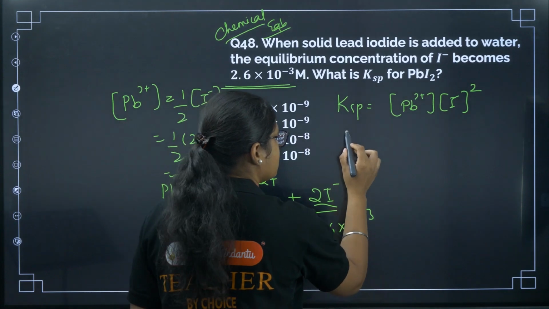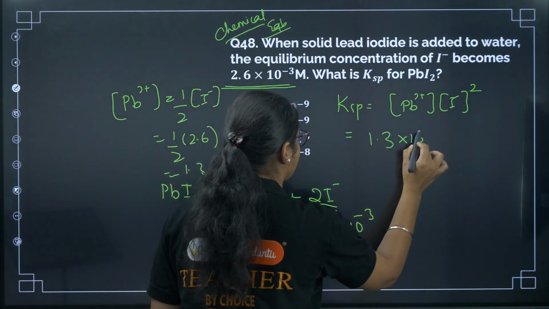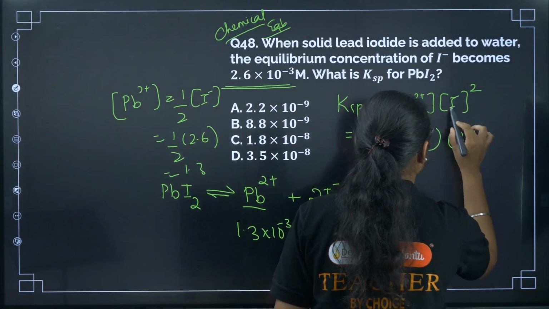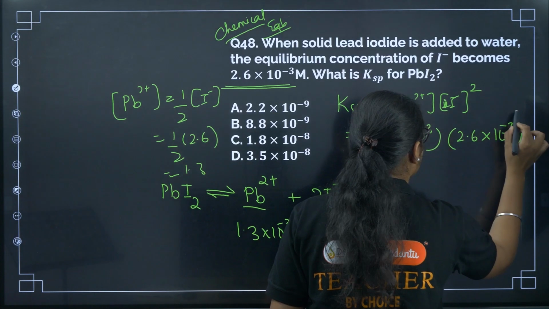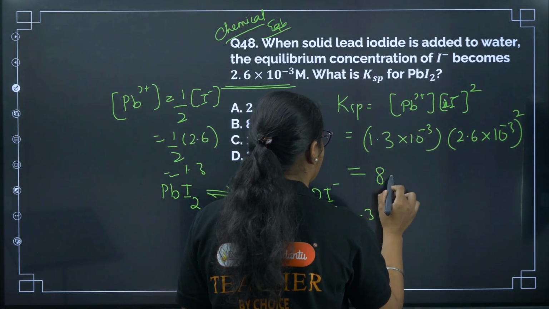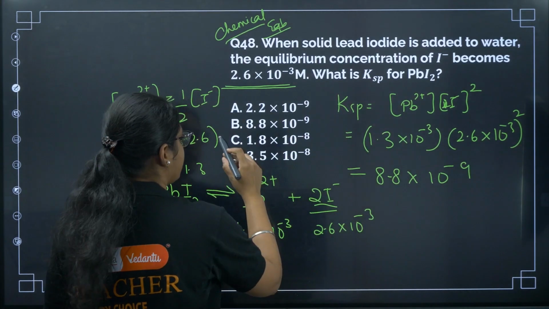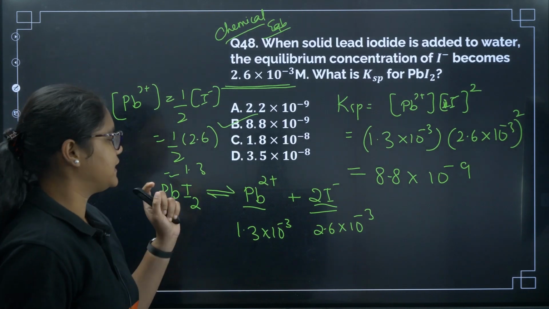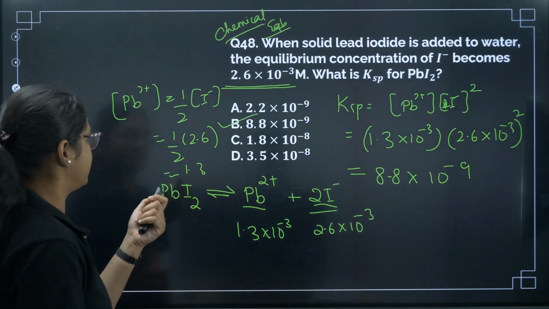So, now if I solve this, we will get 1.3 into 10 to the power of minus 3 and then 2.6 into 10 to the power of minus 3 whole square, right? So now if you solve this, we will be getting around 8.8 into 10 to the power of minus 9. Okay, so the correct answer for this question will be option number B, that is 8.8 into 10 to the power of minus 9. Just check the calculation once and then let me know.